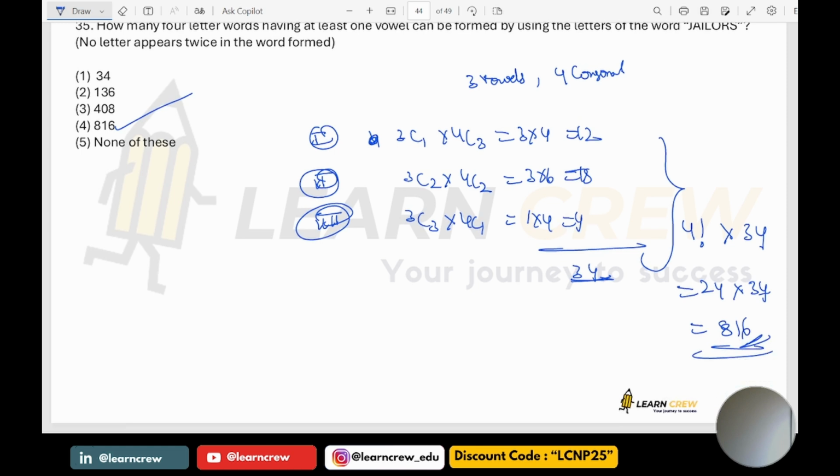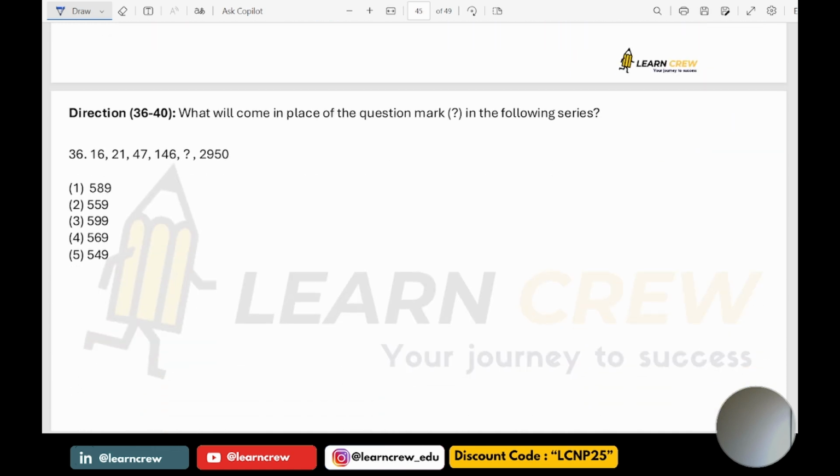Now question number 36. 16, 21, 47, 146. 16 into 1, 16 plus 5 is 21. 21 into 2, 42 plus 5 is 47. 47 into 3, 141, plus 5, 146.